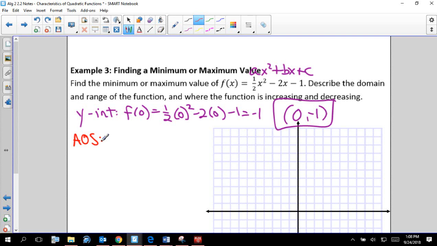I write this every single time so we can remember the formula: x equals negative b over 2a. So when it's in this form, we'll use negative b over 2a. We're going to do negative, and then negative 2 over 2 times 1/2. So we're going to get 2 over 1. x equals 2.